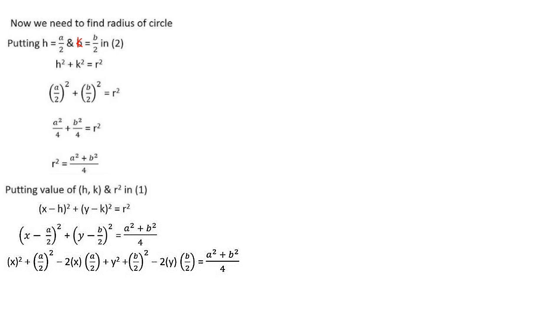So here the expansion: x square plus a by 2 the whole square minus 2 into x into a by 2, plus y square plus b by 2 the whole square minus 2 into y into b by 2, equal to, right side is same, a square plus b square by 4.